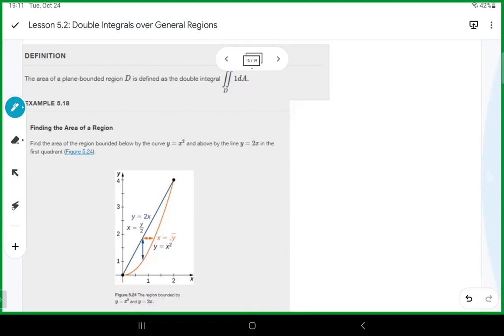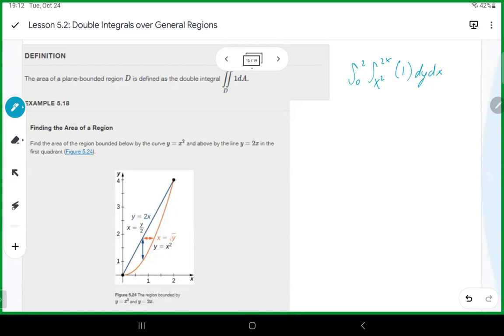All right, finding the area of a region. Find the area of a region bounded below by the curve y equals x squared and above by the line y equals 2x in the first quadrant. So you can see the figure below. We just have to integrate the constant function f(x,y) equal to 1 over the region. Thus, the area A of the bounded region is found by doing 0 to 2, x squared to 2x, 1 dy dx.